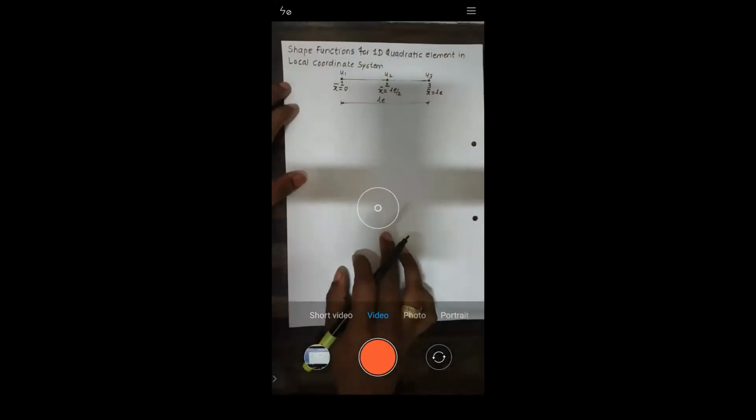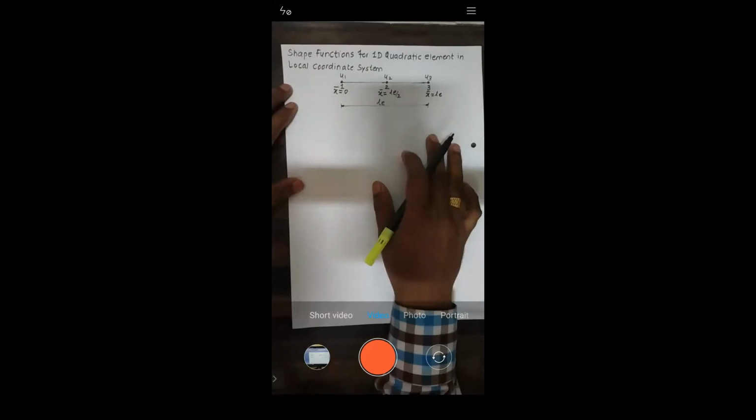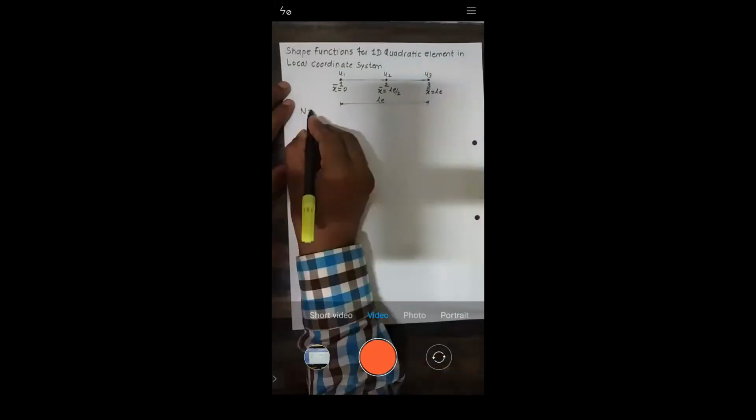Is it okay? Now tell me the overall shape function N. We are following the last method for further calculation.